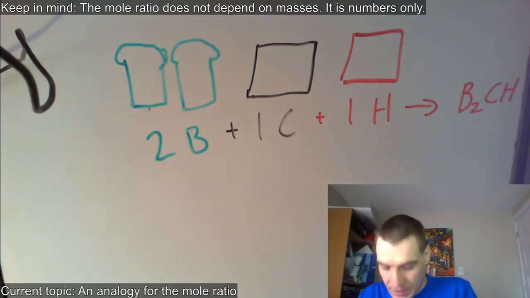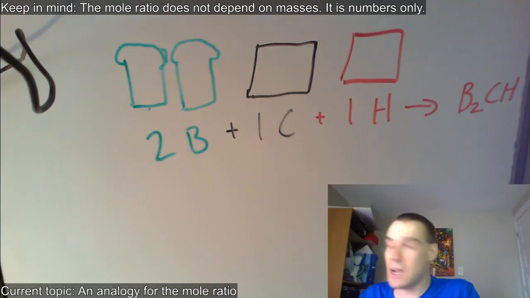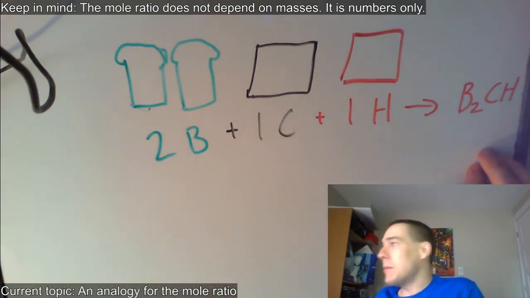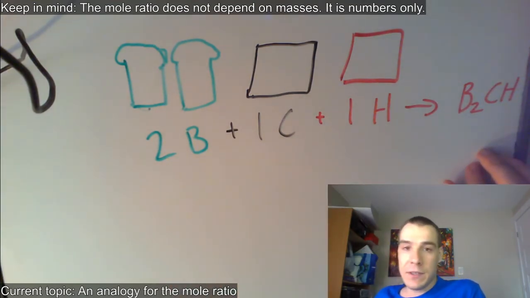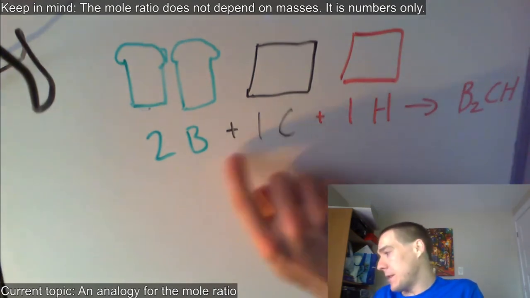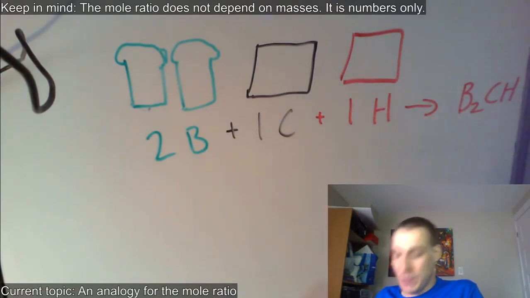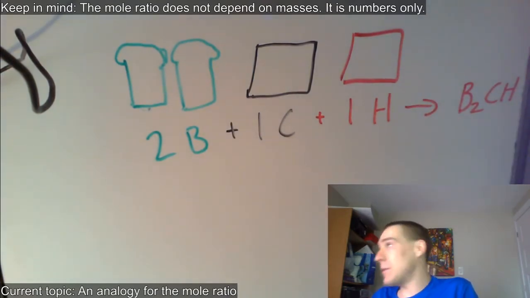Okay, that's my sandwich. The common name for this is a sandwich, but it's bread, 2, cheese, ham. This is the ratio for a sandwich. So the ratio is always 2 bread to 1 cheese, or 2 bread to 1 ham, or 2 bread to 1 sandwich.